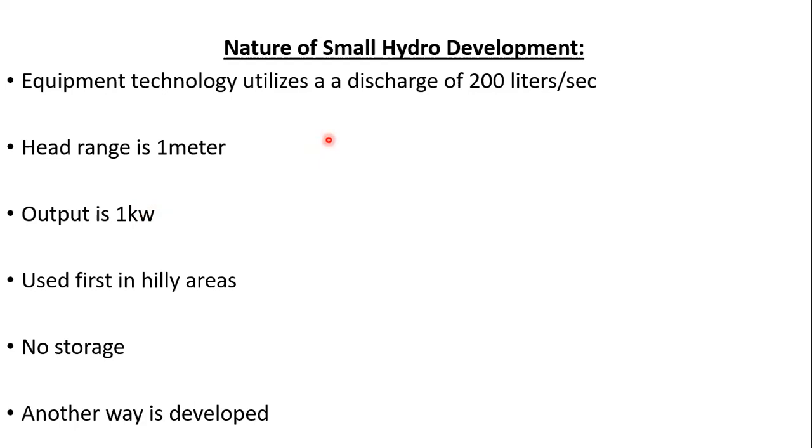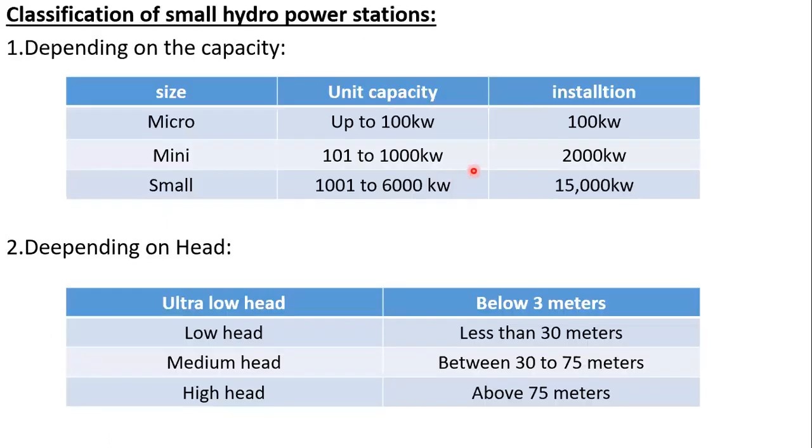And next we will see the classification of small hydropower plants depending upon the different natures. As per the Central Electricity Authority and Bureau of Indian Standards, the SHP, small hydropower plant stations, are classified first depending upon the capacity, the size.